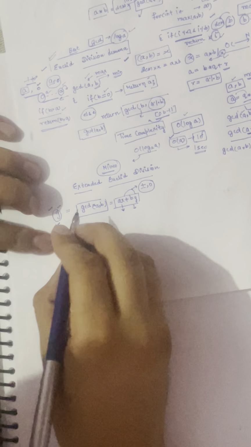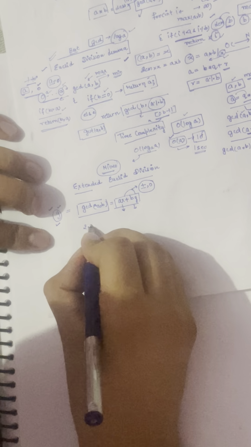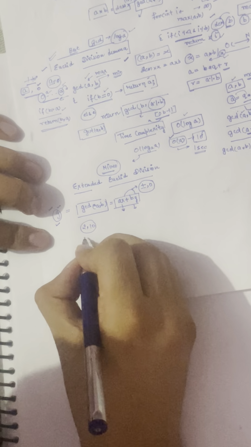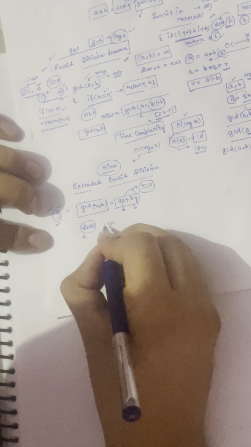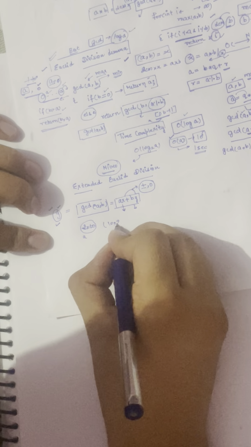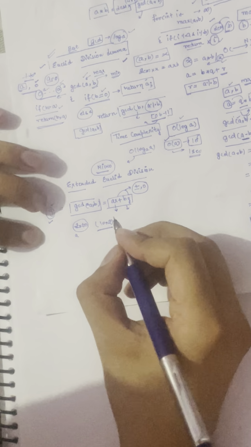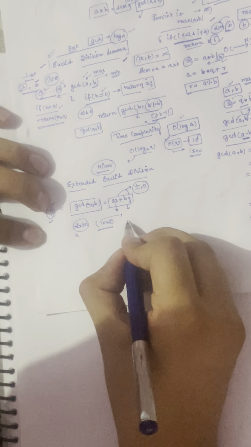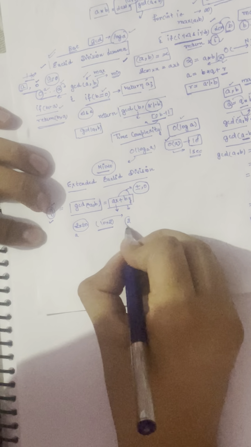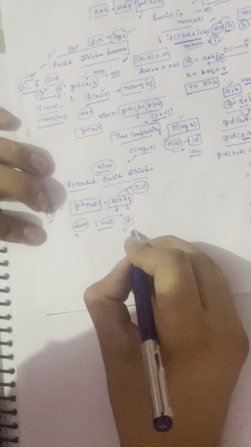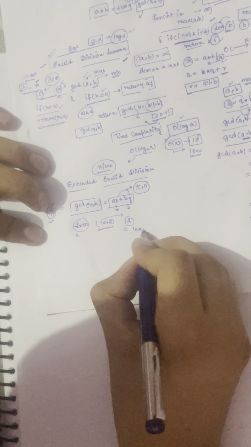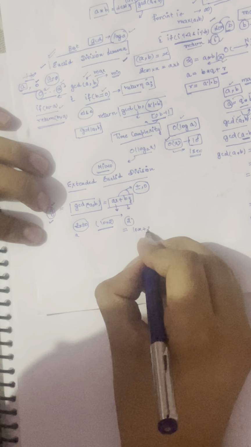So let's take an example. Let's say 10 and 20 are two numbers. A is 10, we are taking the maximum one as A, and this is B. And then let's say GCD of these two numbers would be 2, and are we able to express this as a sum of 10x plus 2y.